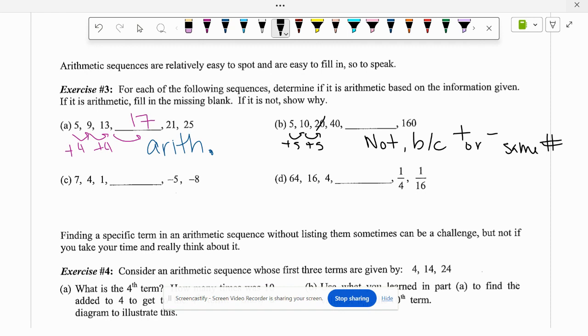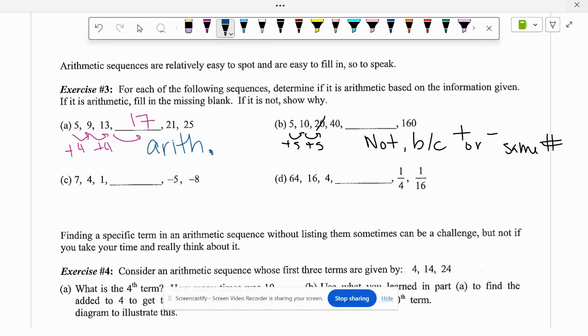Can you guys tell me what you're doing there to get the next term? You're multiplying by 2. What kind of equation increases by a multiplier? We just finished that whole unit. What kind of an equation increases by a multiplier? Exponential. An exponential equation increases by a multiplier.